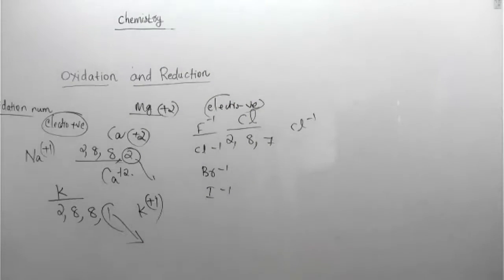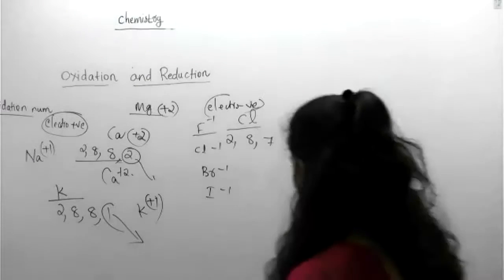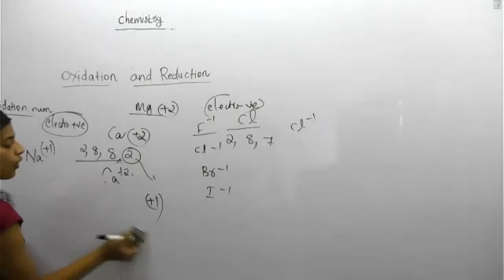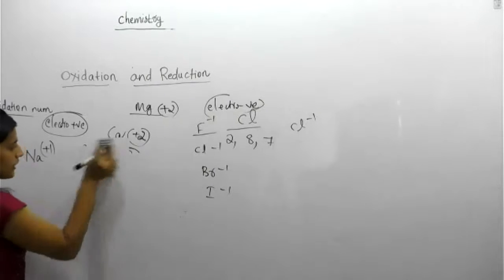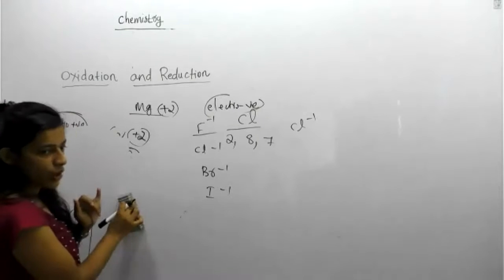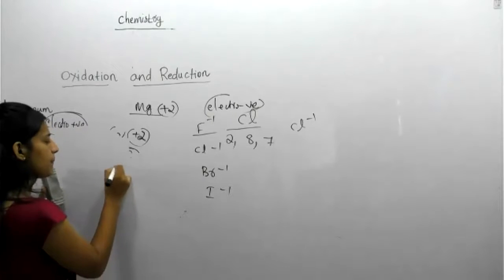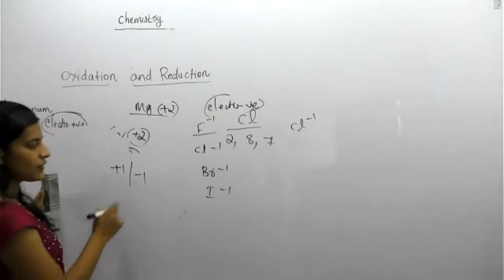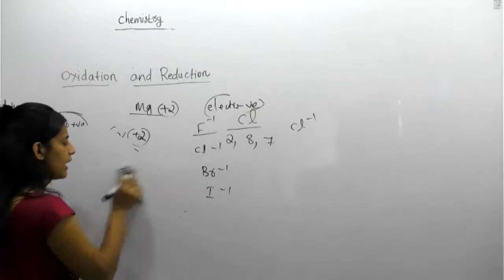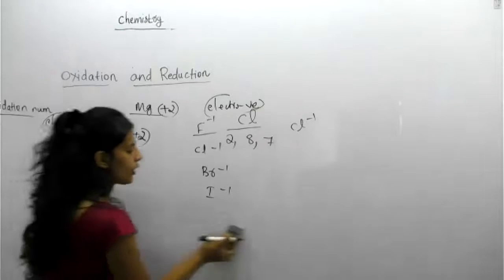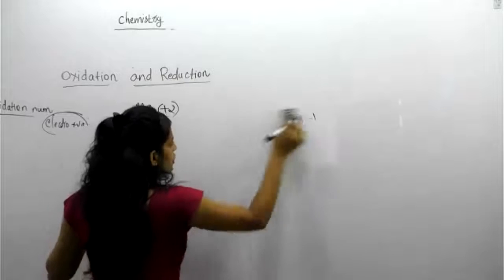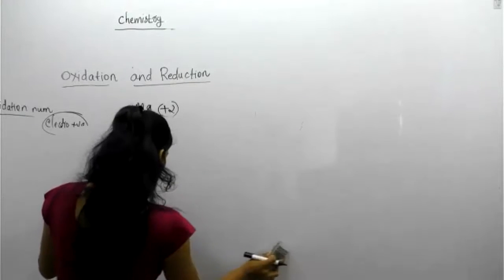So if you identify that something is a metal, then definitely its oxidation state is positive. Then hydrogen is mainly plus 1, or minus 1 is also possible according to the condition, but mainly H is plus 1 in nature. Sodium, potassium, magnesium, everything is related to plus 1 and plus 2. Calcium is plus 2.